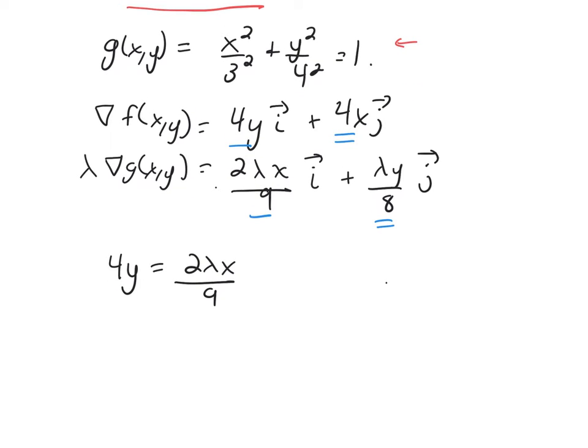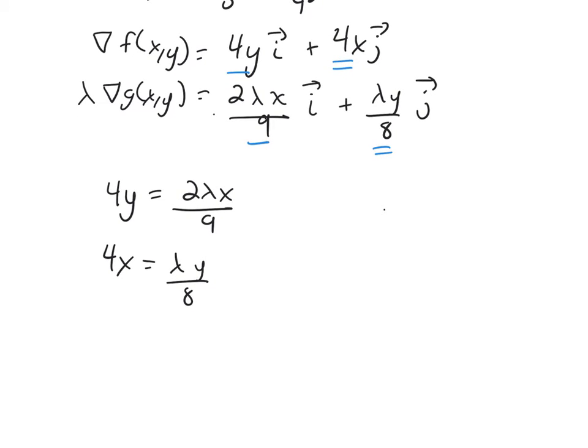You'll get 4x equals lambda y over 8. And then your third equation in your system of equations is your constraint equation, x squared over 3 squared plus y squared over 4 squared equals 1. So here's our system of equations that we need to solve.